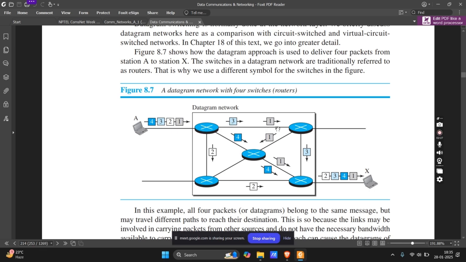So in this particular link, probably packet 1 got a reservation first, so it went and arrived first. But packet number 2 and 3 were stuck in traffic. They got stuck in some switch. Packet number 4 perhaps didn't get stuck, so packet number 4 came before packet number 1 and the others. Even though packet number 4 was later, because packets 2 and 3 got stuck in a jam, packet number 4 came earlier.